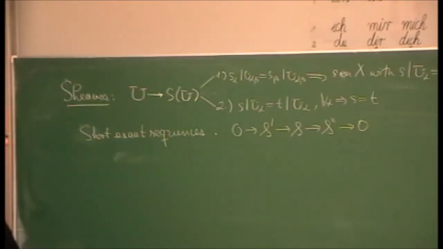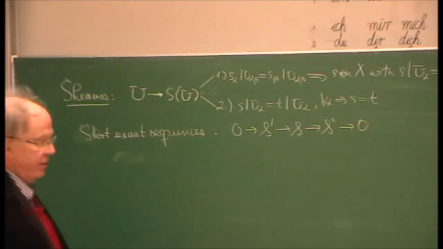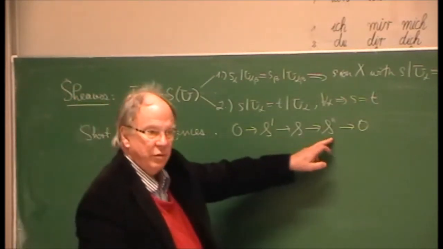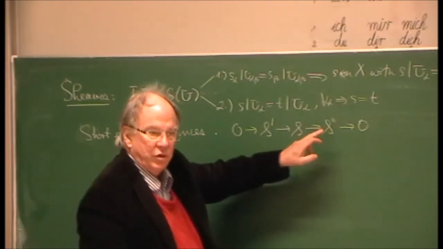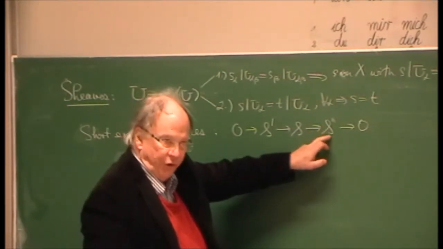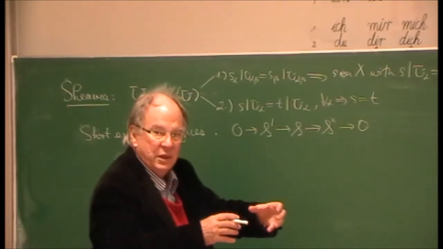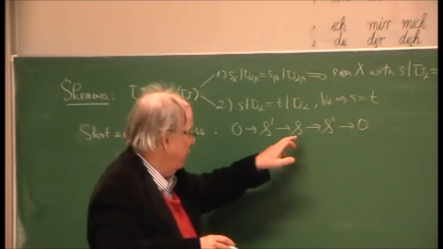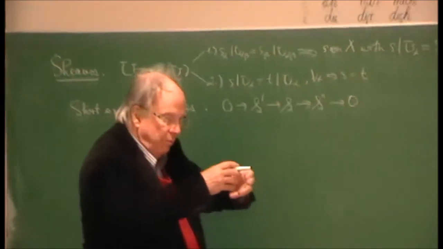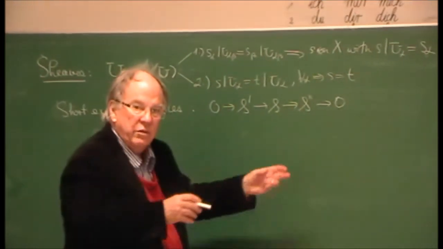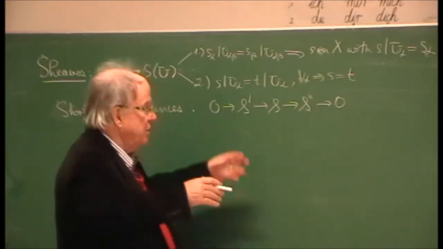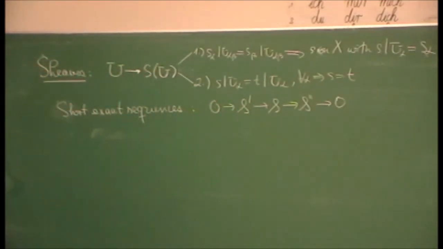And this means really exact at the local level. For example, we talked a great deal about surjectivity, or what it really means. It means that you're given a point, you're given a germ, and you want to find something that maps onto it, but you're allowed arbitrary shrinking to find something that goes onto it. So this is a short exact sequence of sheaves.